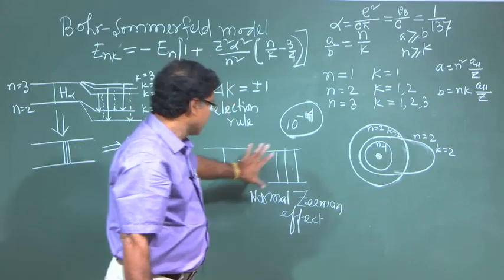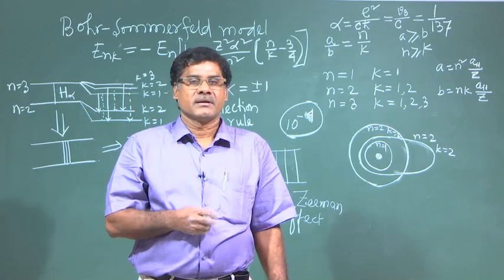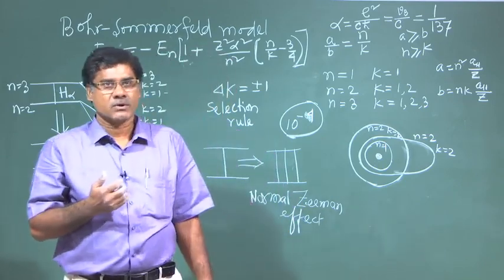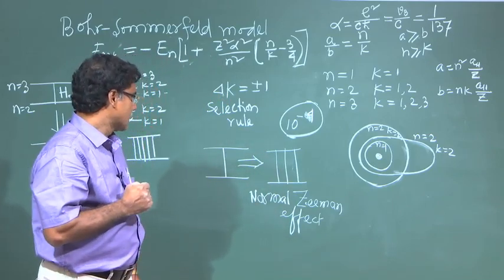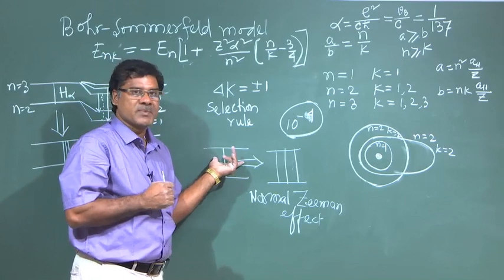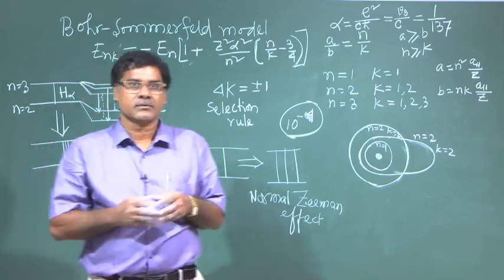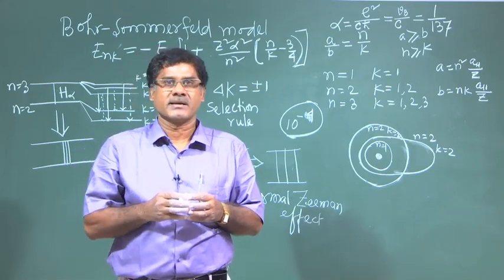Okay. So that effect was called the normal Zeeman effect, but later on it was found that if you use a comparatively weak, low magnetic field, the splitting of a spectral line is into a few number of lines.